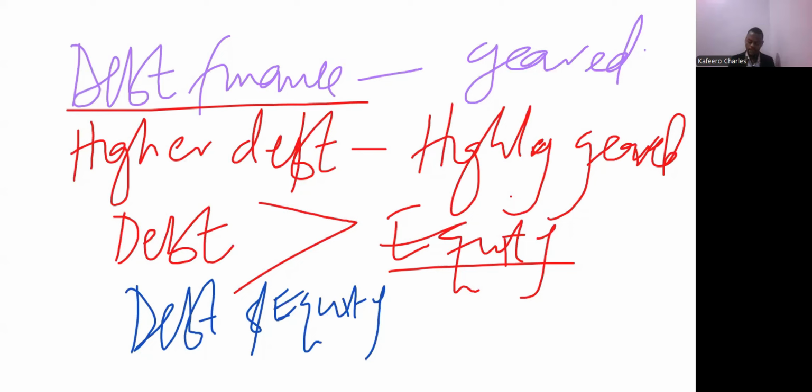There are different advantages and disadvantages of having debt in your capital structure and having equity. You can be totally financed by equity, meaning you don't have any debt and you don't use debt to finance your assets, or you may be 100% using debt.